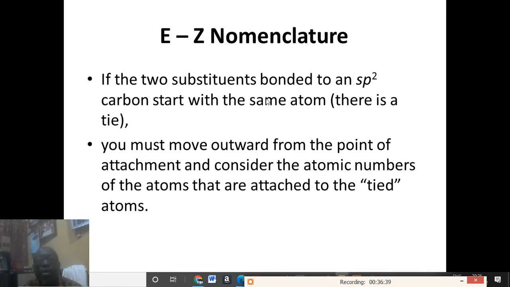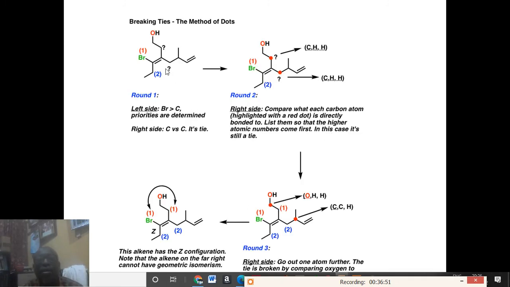If the two substituents bonded to an sp2 carbon start with the same atom, there is a tie. You must move outward from the point of attachment and consider the atomic number of the atoms attached to the tied atoms. What I've just explained briefly is what has been spread out here. Here you have carbon, hydrogen, hydrogen. Here you also have carbon, hydrogen, hydrogen.